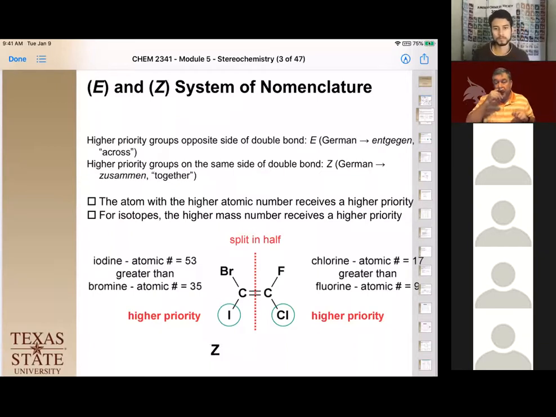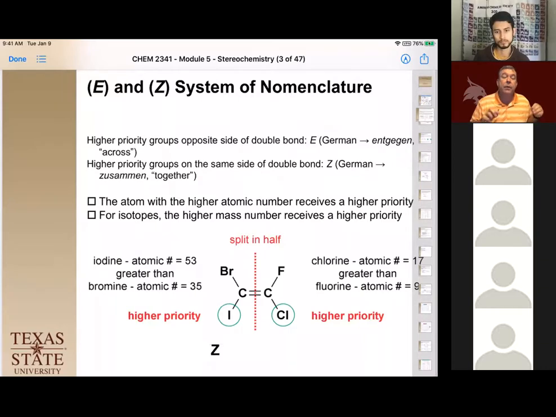All right. So that being said, we have some rules that go along with this. The first thing we need to think about is that in the case of something that would look kind of like trans, meaning the two highest priority groups, which I'll talk about in a minute, are on opposite sides of the double bond, we call that entgegen, or opposite, or across in German.